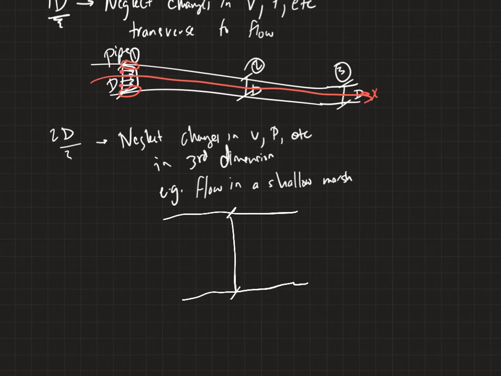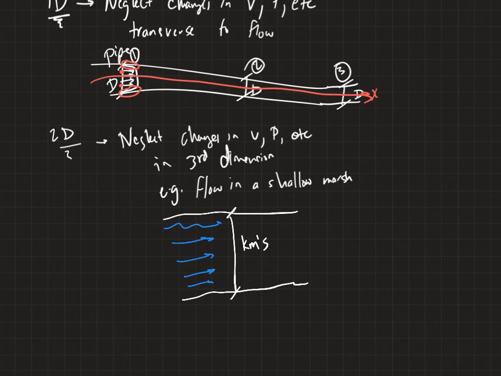Maybe it's many kilometers wide. And the water is just kind of moving through it. But its depth is, let's suppose, a couple centimeters deep. I can't draw that dimension because it's in and out of the board right now.